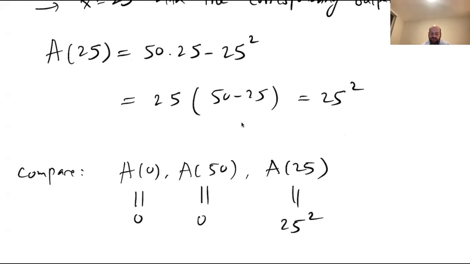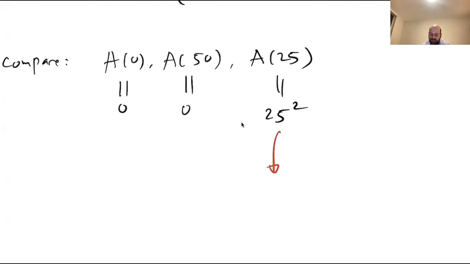Which one is the largest one? Well, obviously, 25 squared is the largest one, and that will give me the absolute max. So the output is 25 squared for which x value? For x value of 25. So the absolute max will be at x equals 25.